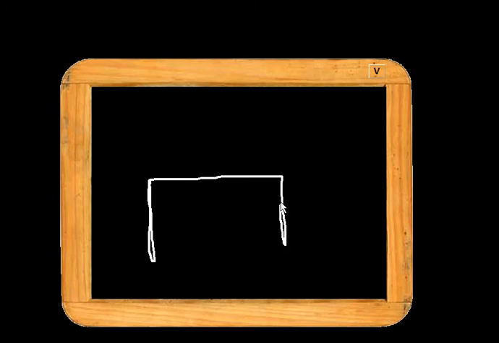So this is a table, and we have an object of mass m on the table. The force of friction is opposing the motion of the object. Now the pulling force is towards this side.